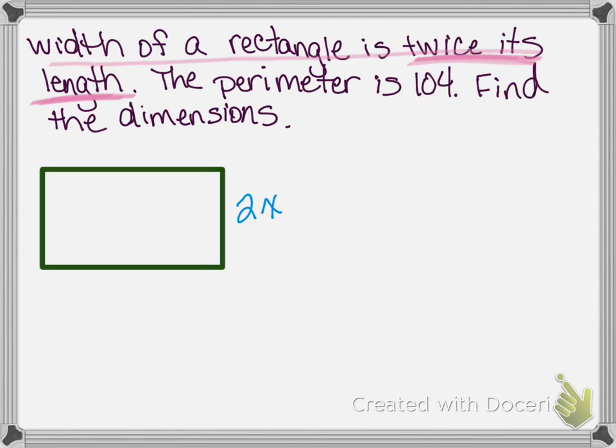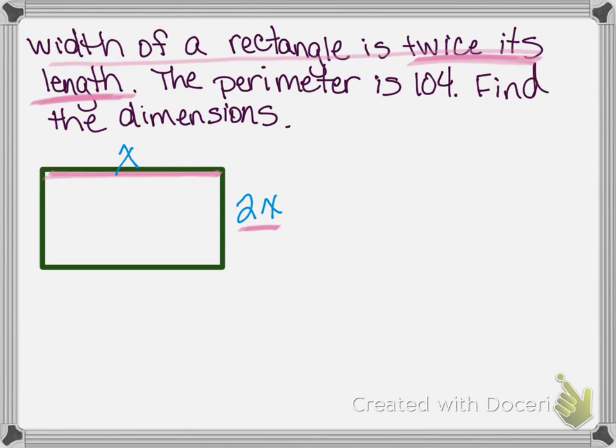So what would this distance be based on this? The width of a rectangle is twice its length. So if this is 2x, what would I write here for this part? X. I would write just x. Now that's one thing that you've got to learn when you're taking these tests.